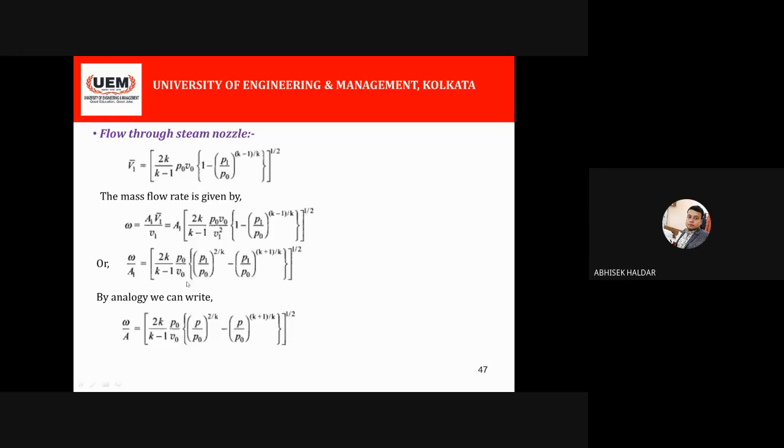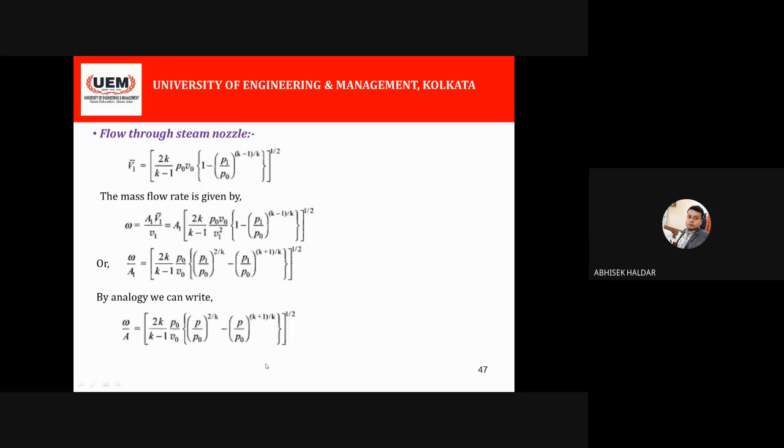I repeat, P0 v0 are the inlet conditions, those will not change. Only here in place of A1 I have written A, any area. So at the section A, obviously the pressure will be P, for example. Only that thing is changed, other parts have not been changed.